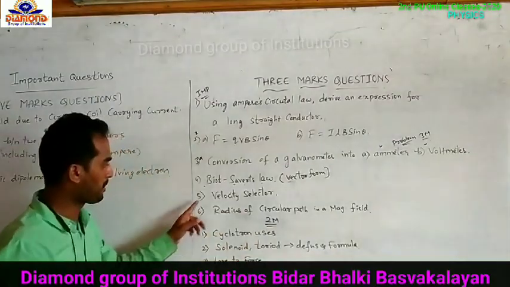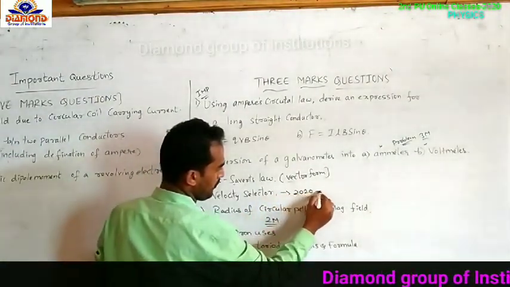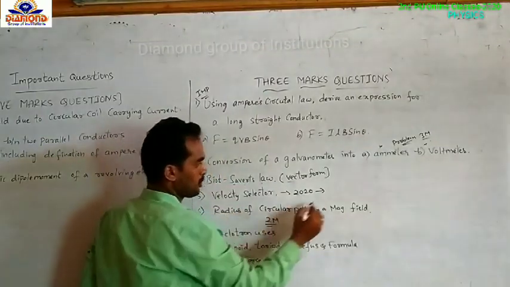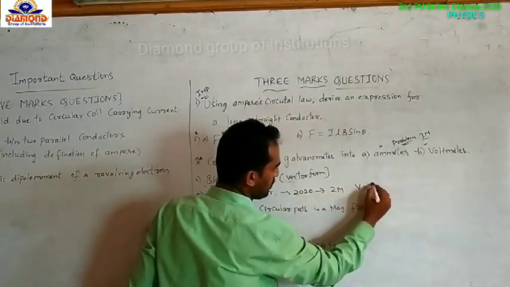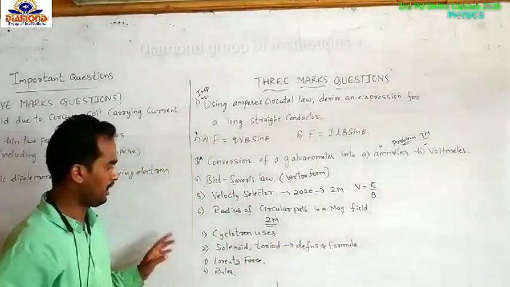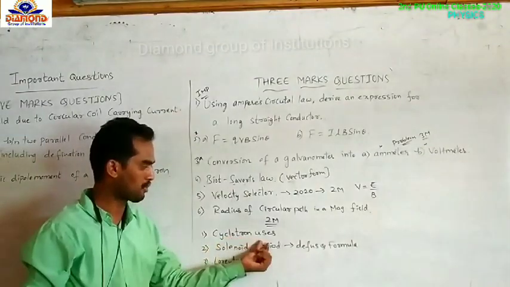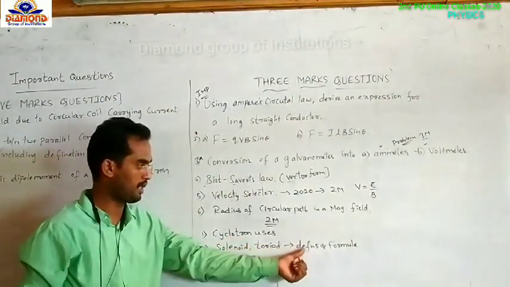In the previous exam, 2020, a problem was asked for 2 marks based on the velocity selector, that is the formula v equal to E by B. E means electric field, B means magnetic field. Then remember the cyclotron uses. Then what is a solenoid, its definition and formula.